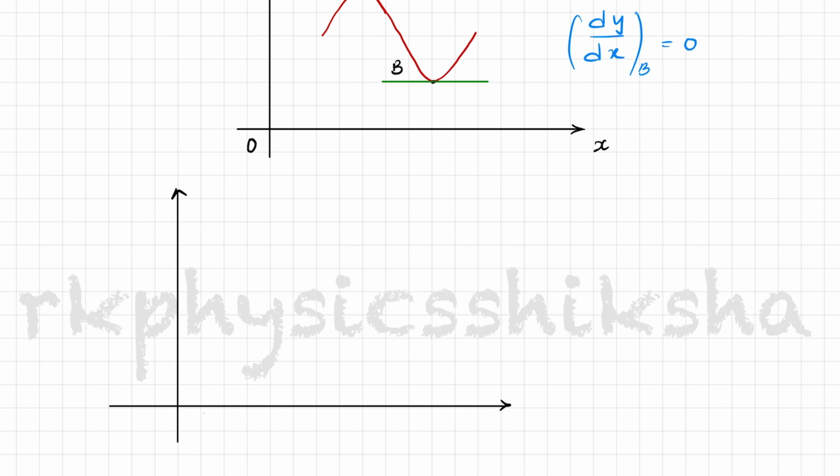Now if I plot a graph, as you see in the diagram now, we already know what the slope of the graph is. If you draw the tangent at a particular point, that tangent will give you the slope of the graph at that point. If I draw the tangent here, you have theta 1, and if I draw the tangent here, you will have theta 2 made with the horizontal. Here the tangent is horizontal, so theta is equal to 0 degrees.